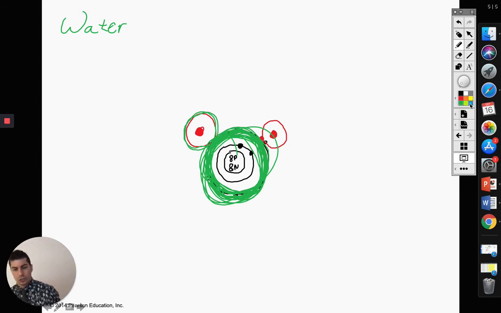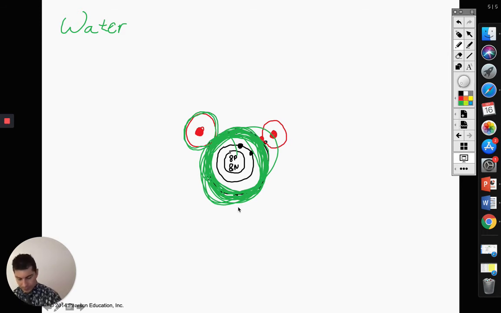So let's assign charges to this because of what just happened. The electron is around oxygen much more often than it's around the hydrogens up here. So the oxygen has what charge? Well, it's negative.